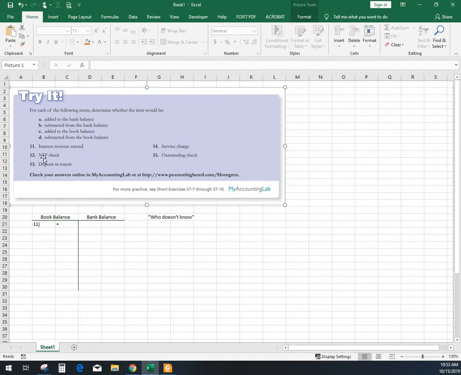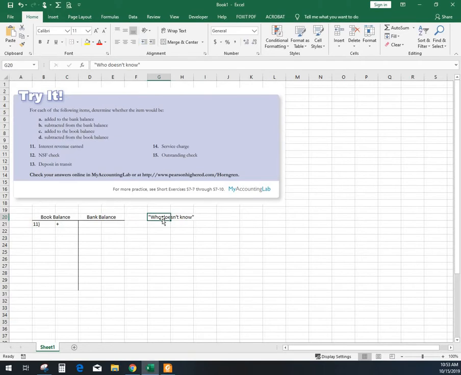Now number 12, non-sufficient funds check. Who doesn't know that there are non-sufficient funds? Well, the only person that can check to see whether there's non-sufficient funds is the bank. The bank has to clear that check, so they would not adjust their books if there were not sufficient funds.